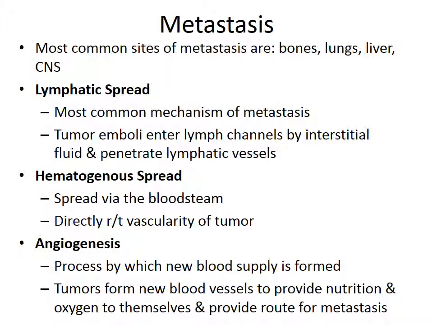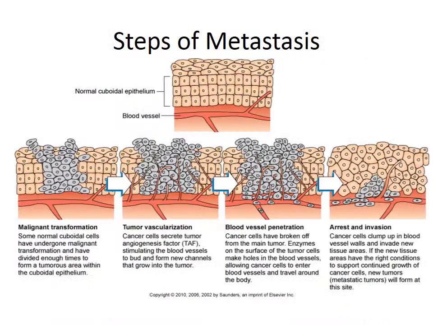Angiogenesis is a process by which a new blood supply is formed by the tumor itself. Tumors can form new blood vessels to provide nutrition and oxygen to the tumor itself and to provide a route for metastasis. The following slide depicts the steps of metastasis and shows malignant transformation, tumor vascularization, blood vessel penetration, and arrest and invasion.